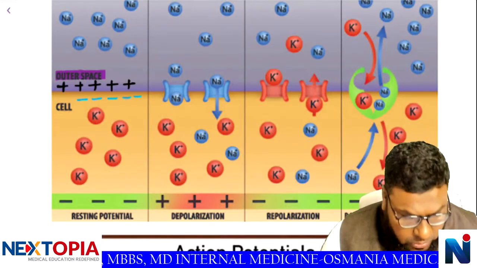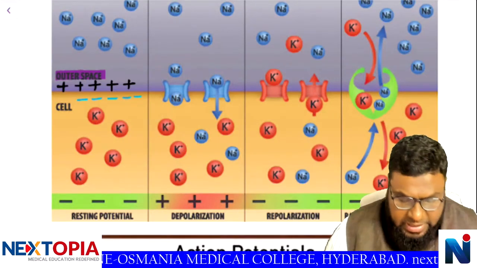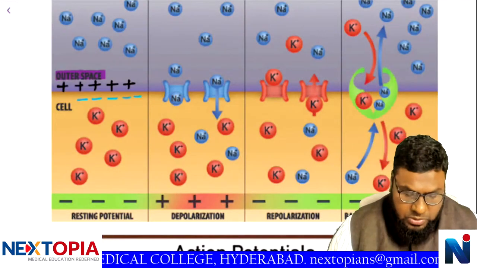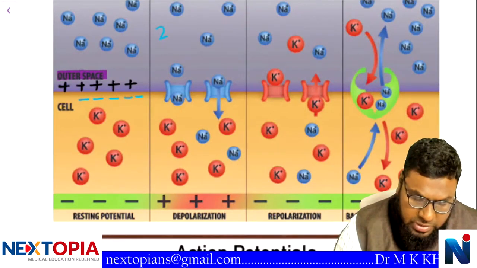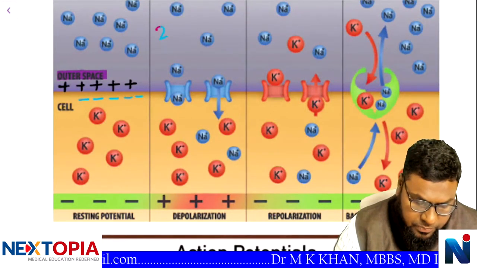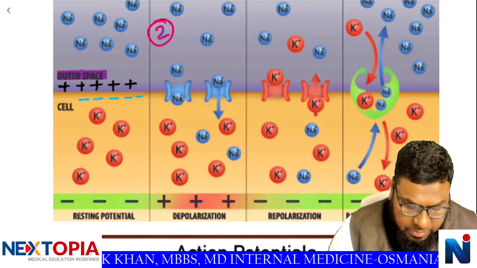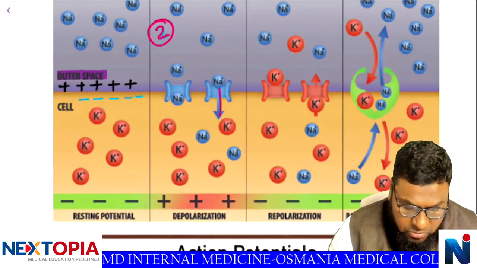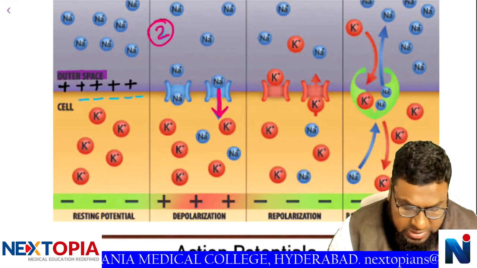say suppose the voltage gated sodium channels open. So in the next figure, figure number 2, the voltage gated sodium channels are opening up and allowing sodium to move inside the cell. What will happen if a positively charged ion moves inside the cell?